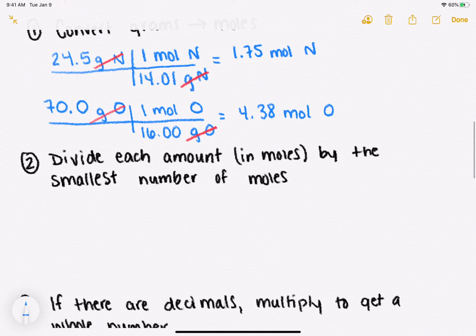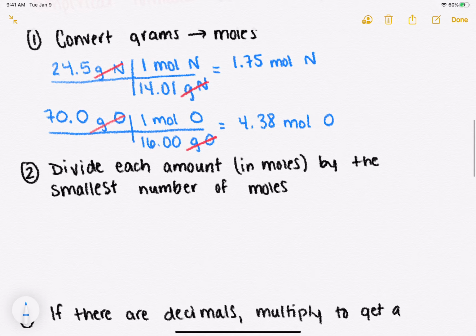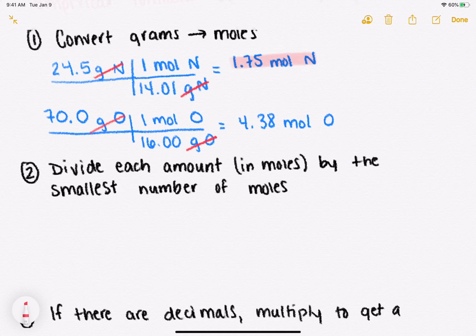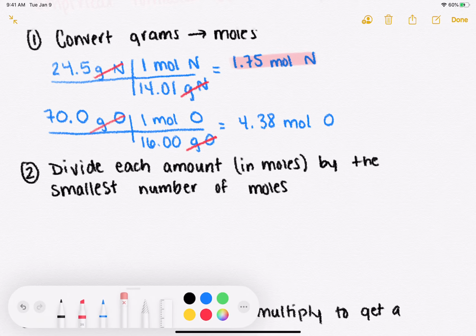Step 2 is that we want to divide each amount of moles by the smallest number of moles. So the smallest number of moles that we have here is 1.75. That means we're going to divide both of those values by 1.75.